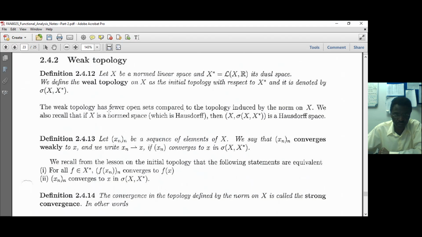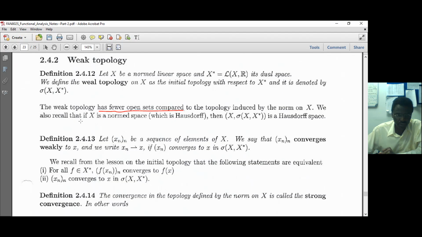The weak topology has fewer open sets because we saw that with the initial topology, you take the one that is the weakest, that is, the one with fewer open sets, compared to the topology induced by the norm. We have X with this norm, that is the topology. It's a topological space. Now, we take the weakest topology that will keep those mappings continuous.